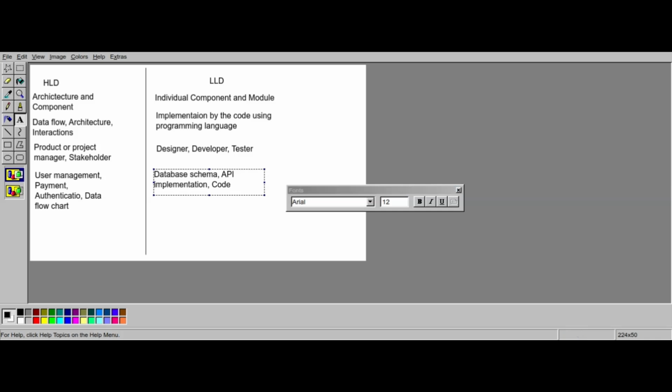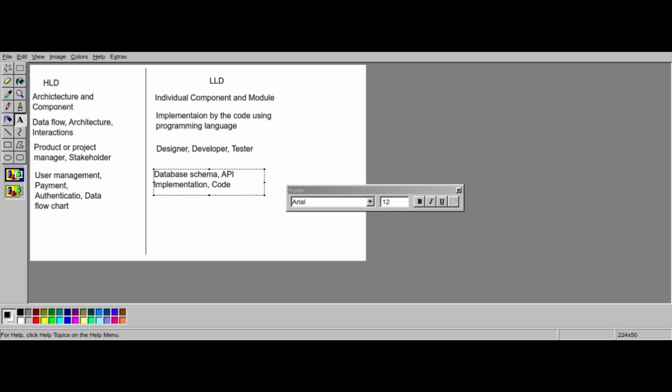Those are the examples. And on level of detail, as I said, high level design has less detail, focusing on product concept and broader ideas, while low level design is highly detailed and specifies exact logic and interaction. Low level design is the implementation part, so we use exact logic and interaction because it's the practical part.